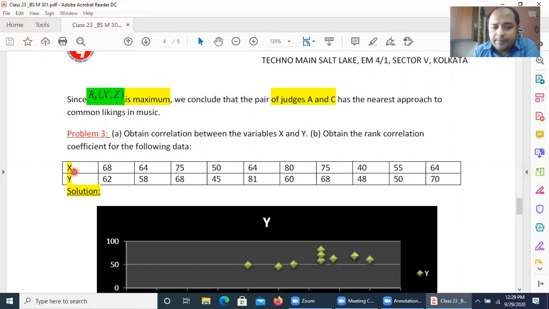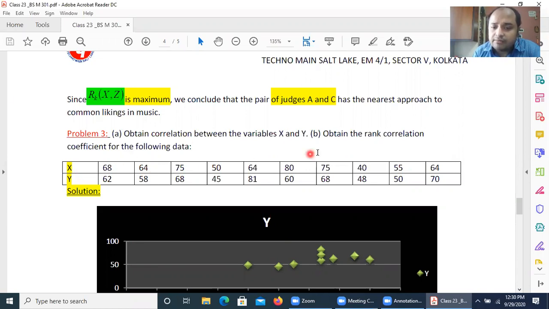Suppose capital X and capital Y are marks, or maybe something else, I don't know, because the justification of the values has not been given in the question. It is easy to assume these values to be marks. The first part, part A, is very simple.